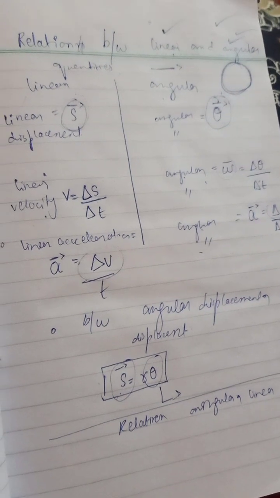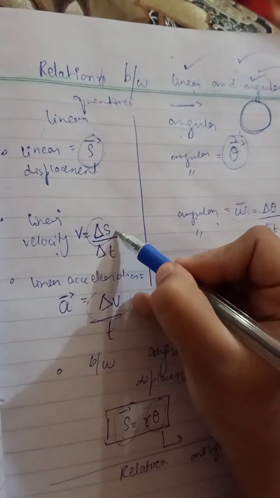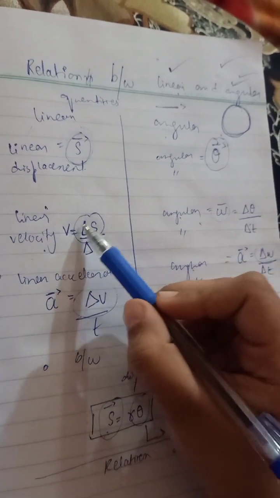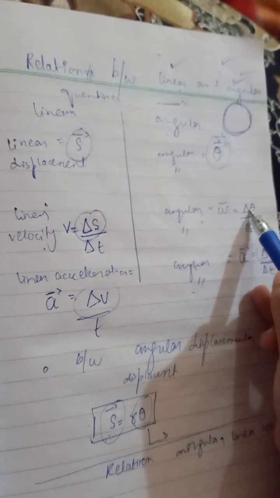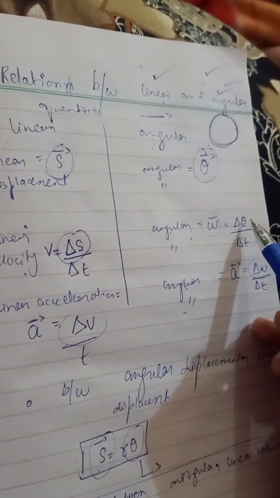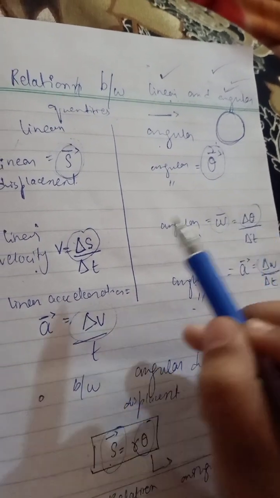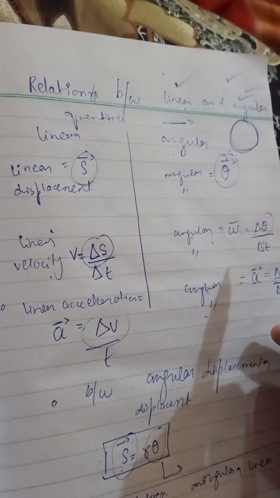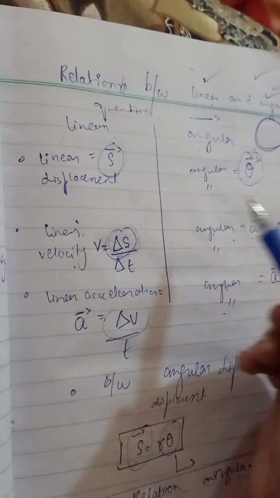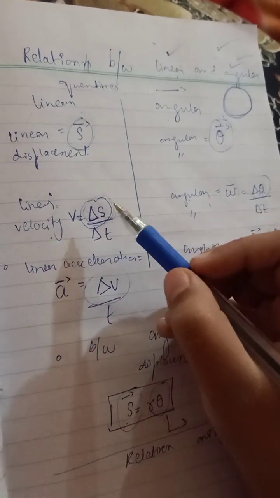Here the change in linear displacement is there, but the change in angular displacement is not there. Here the change in angular displacement is there, but in this formula the change in linear displacement is not there. So they are different, and for the relation we have to convert both.